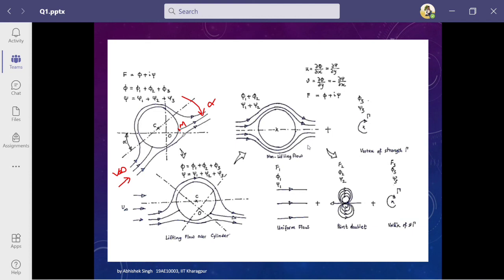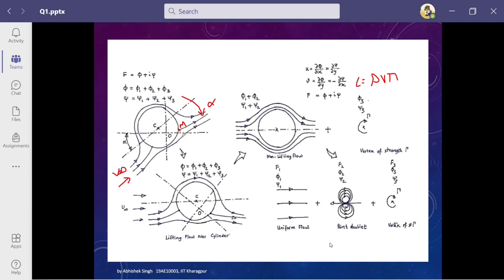But when we apply some circulation around it, it turns out to be lifting flow, and this is the particular value of circulation from which we get the lift, which we use in the Kutta-Zhukovsky theorem: the lift equals rho infinity times V infinity times circulation.